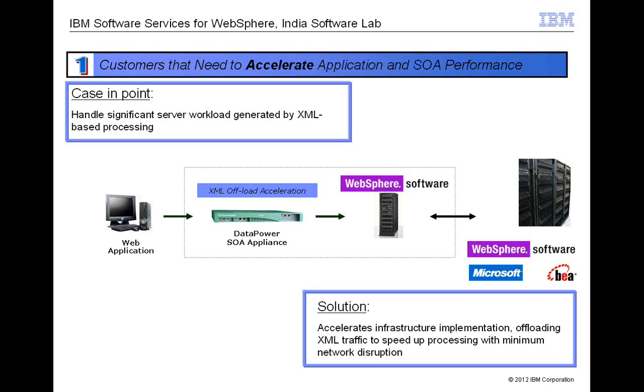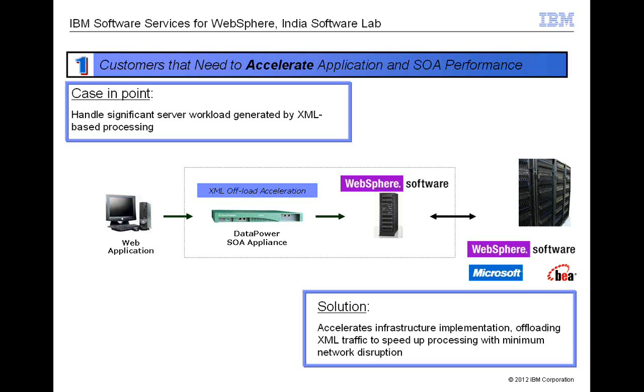It enables you to free up MIPS and CPU cycles that your precious server would be spending to crunch all that XML. Instead of doing it in your backend, you could do it in a DataPower appliance, which is going to be faster, which is going to be reliable, and which is going to be running at wire speed.